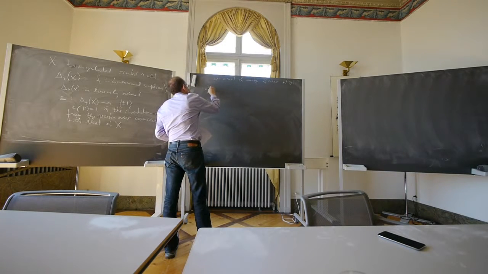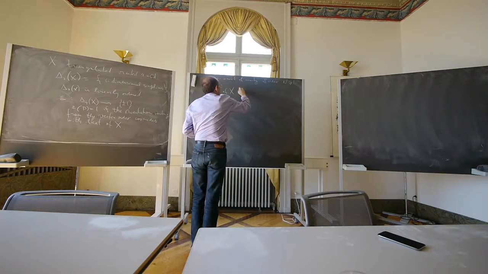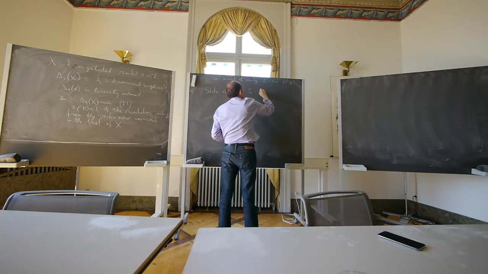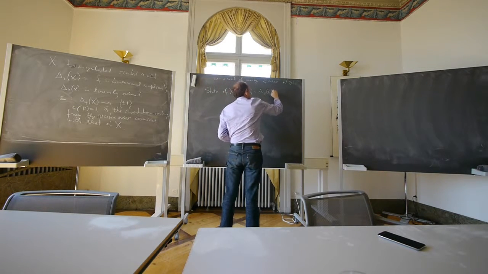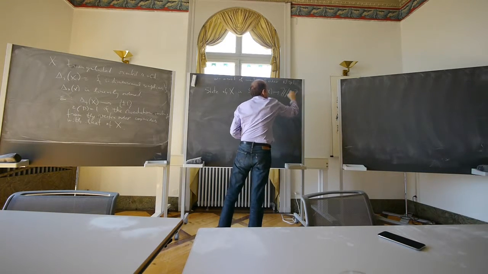And now we define first the notion of a state of X, which is a map from 3-dimensional simplices of X into integers modulo n.